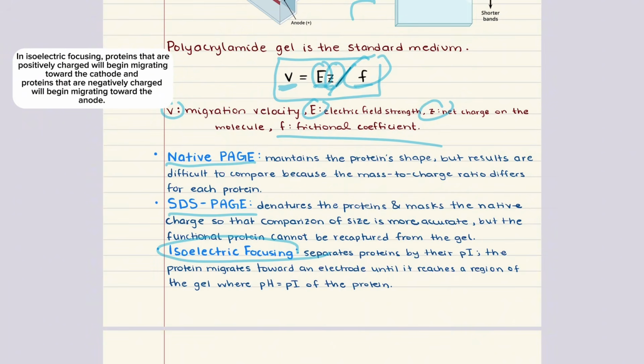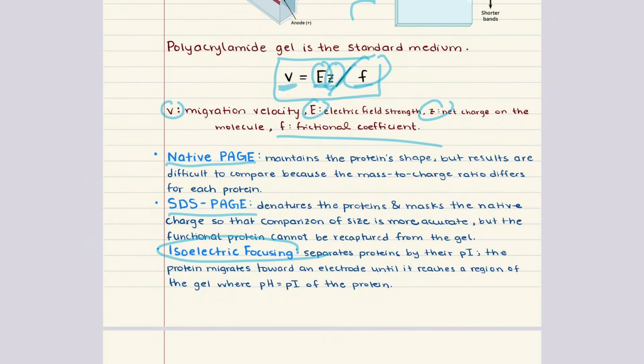And each protein is going to migrate until it reaches the part of the gel where the pH equals its pI. And at that point, it stops moving because it has no net charge. And by the way, to make a protein move during electrophoresis, the pH needs to be different from its isoelectric point. I really want to emphasize that. Then at its pI, the protein won't migrate because it has no net charge.